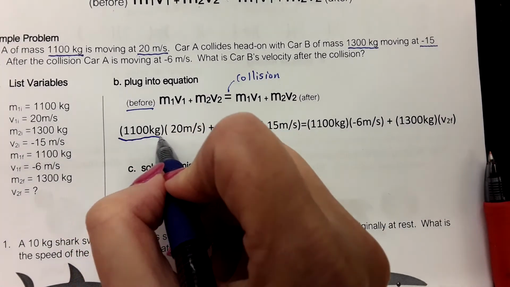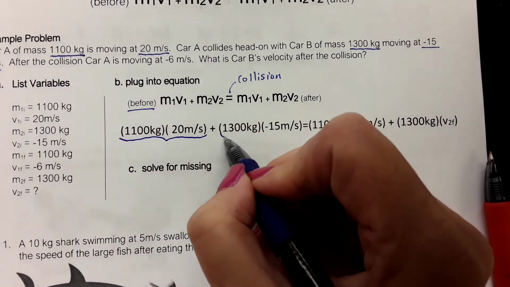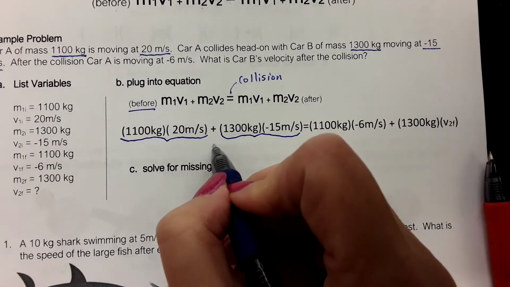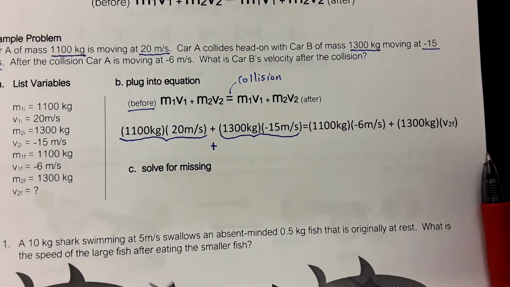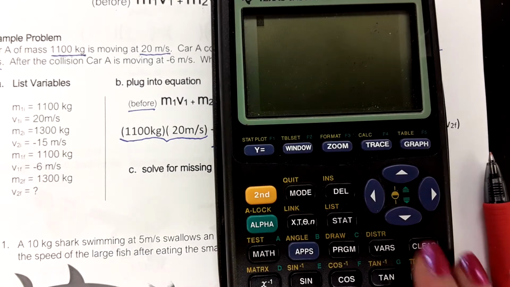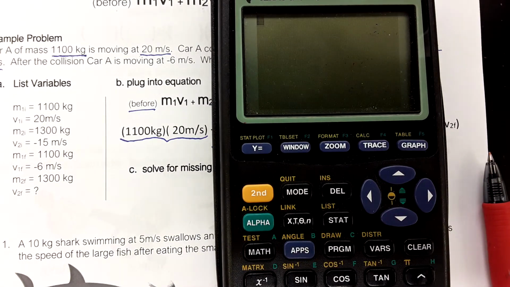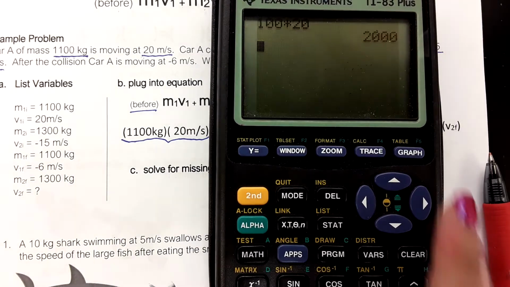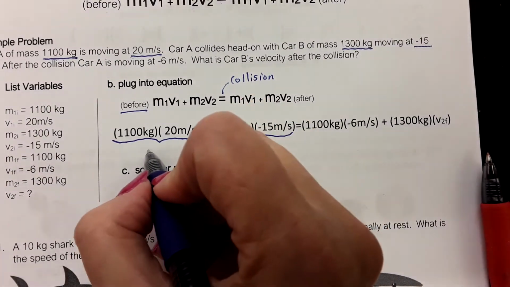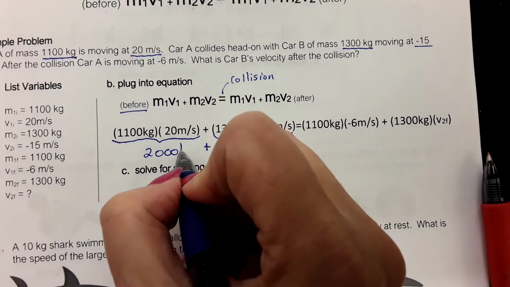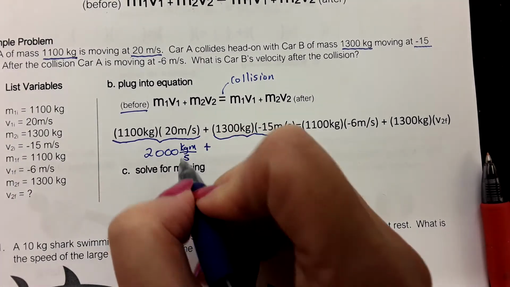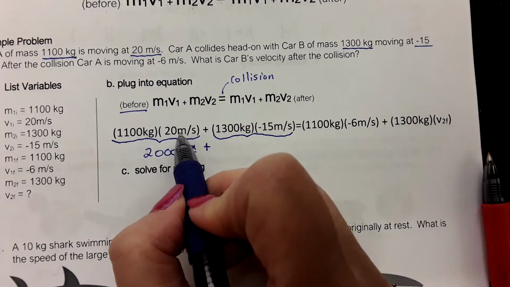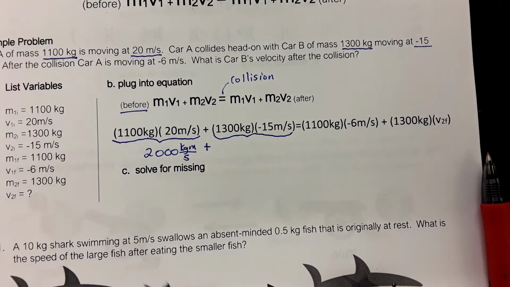The first thing I'm going to do is I'm going to find those two values. Okay? So we take our calculator. All right, and I'm going to say 1,100 times 20 equals, and that gives us 2,000. All right, so we have 2,000 kilogram meter per second, okay, because you've got kilogram times a meter divided by a second.